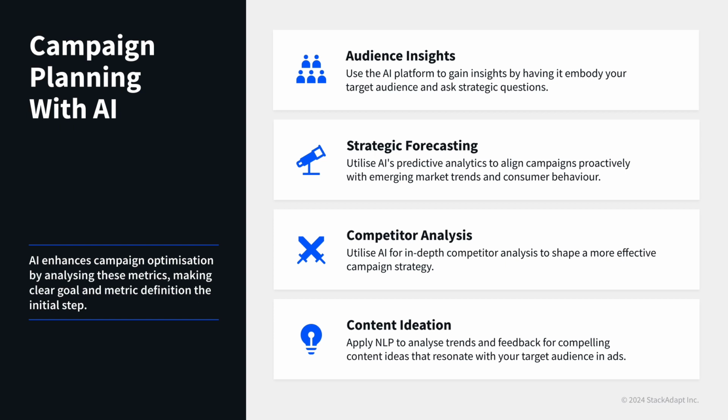Through the competitor analysis, we can gather the weaknesses and the strength of our competitors and adapt the strategy accordingly. And then through natural language processing, we can analyze the feedback to create compelling content that resonates with our ads.